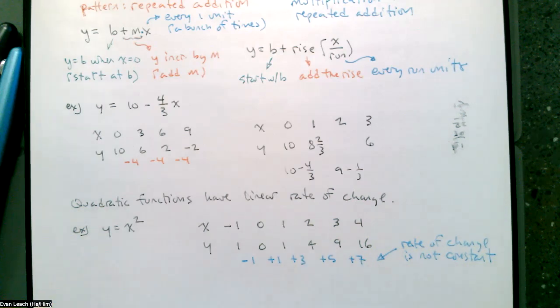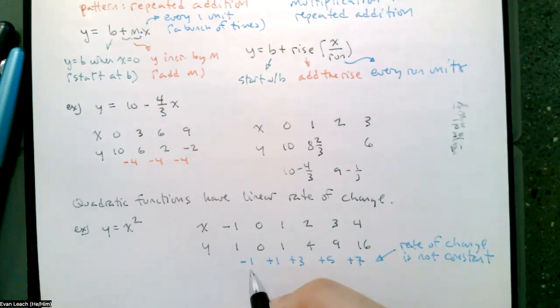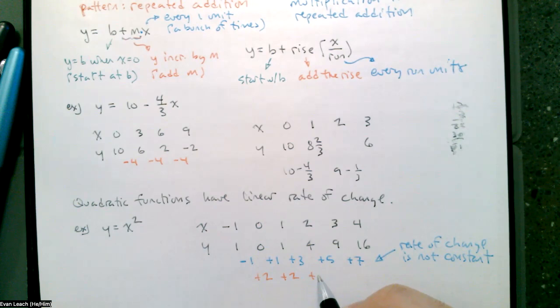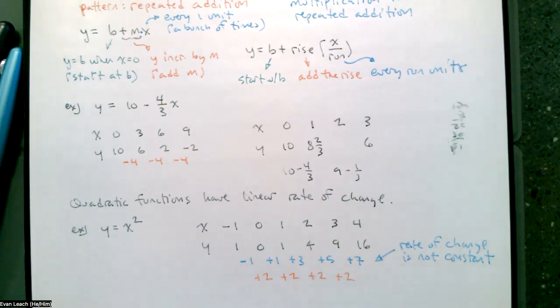The rate of change is not constant. But if we look at the rate of change of the rate of change, from -1 to 1, the rate of change increased by 2. From 1 to 3, the rate of change increased by 2, and so on. The rate of change of the rate of change is constant.